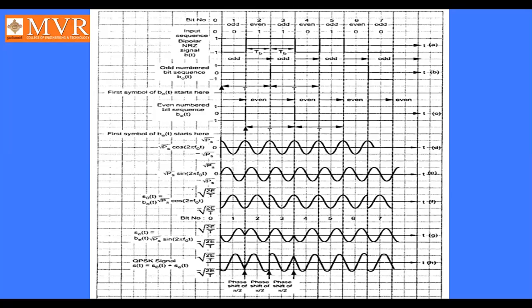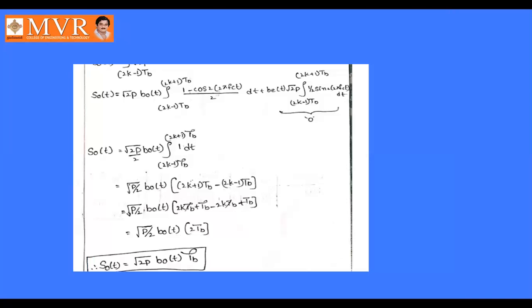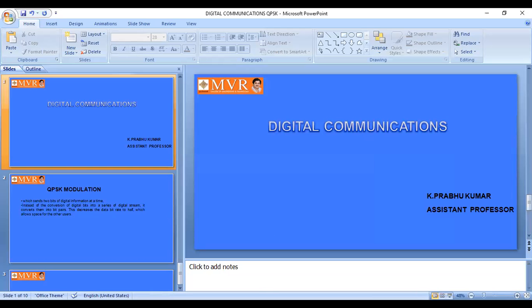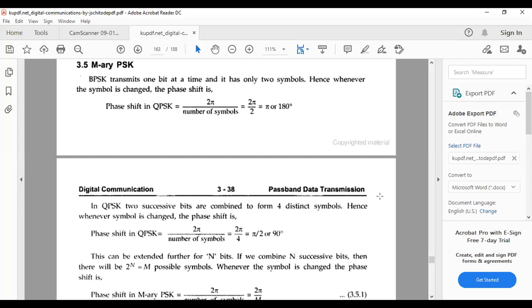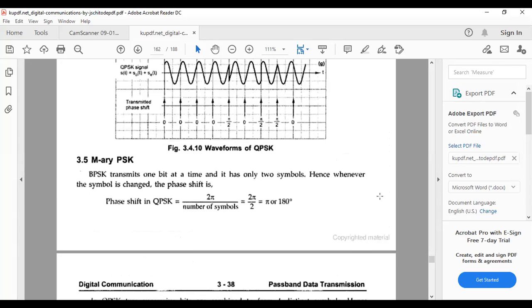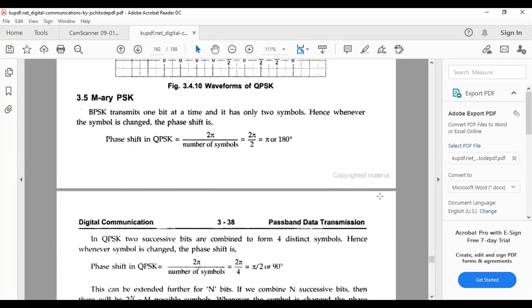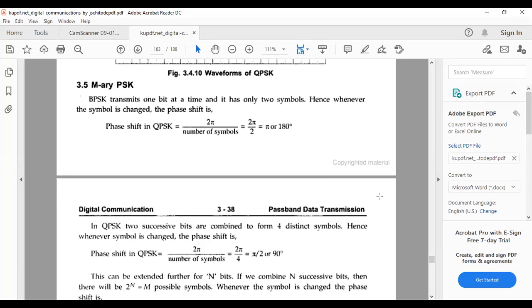In M-ary modulation, we have M number of phase shifts depending upon your input bits. So this is M-ary PSK.